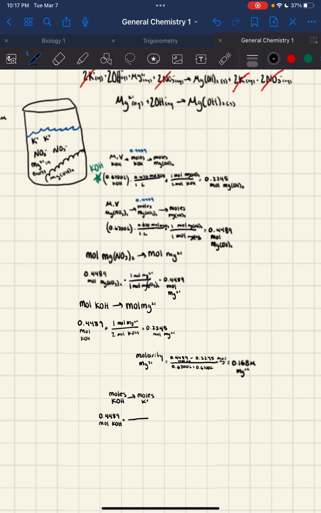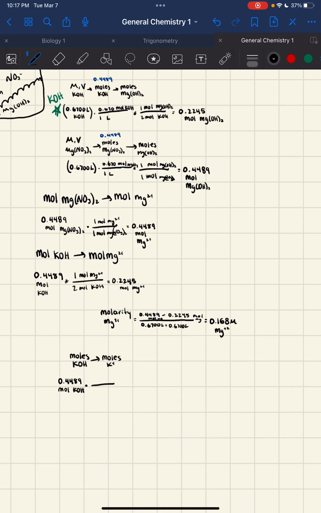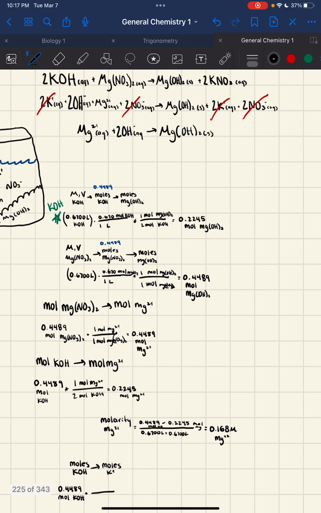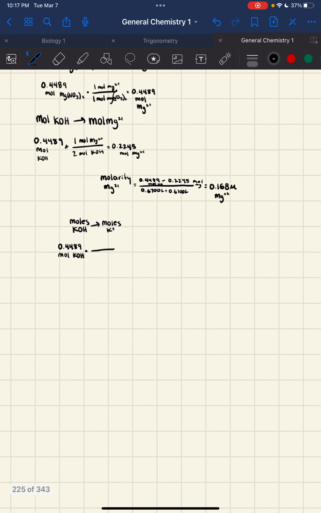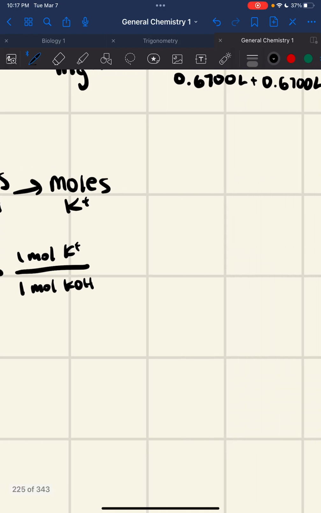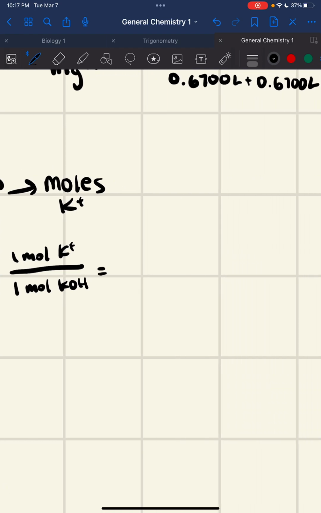Let me look up. I believe it is a 1-to-1. Yes, it is a 1-to-1. 1 mole KOH is 1 mole of K plus. And that is going to equal, again, just the 0.4489 moles of K plus.